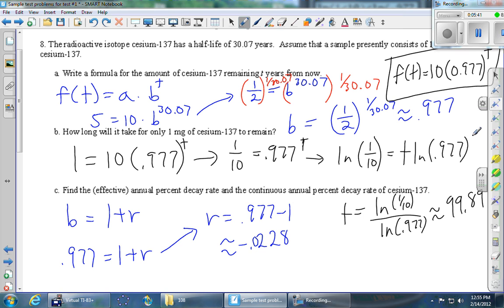Whether or not to include the negative, I don't know. It's kind of redundant. If we say decay rate, probably we want to say it's decaying at a rate of 0.0228. But either way, it's okay.